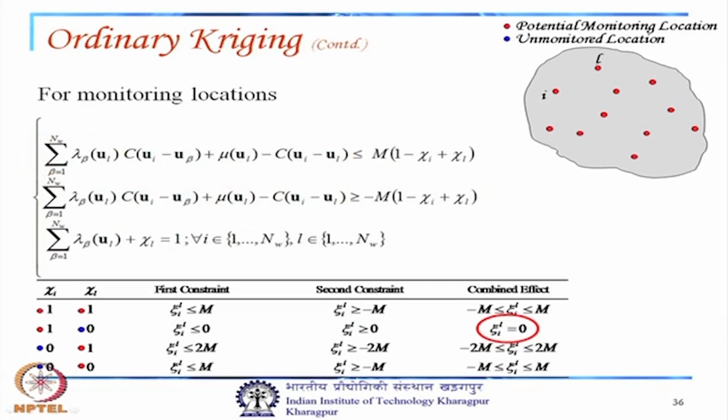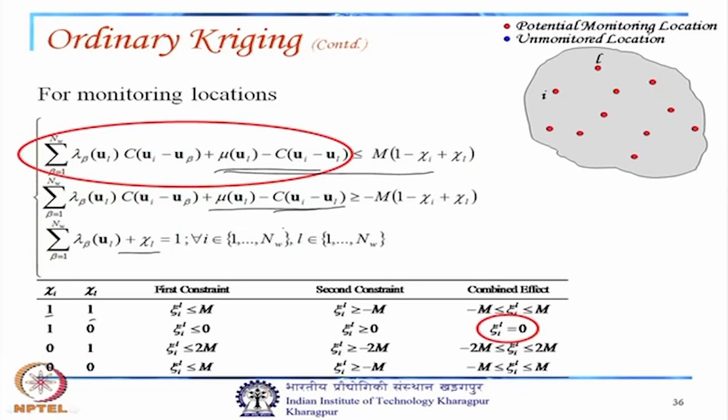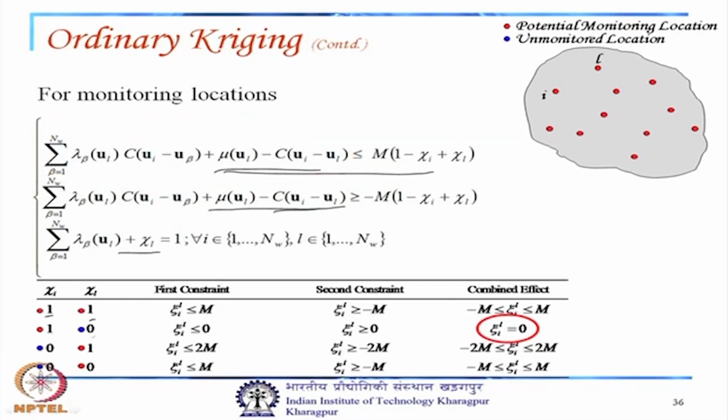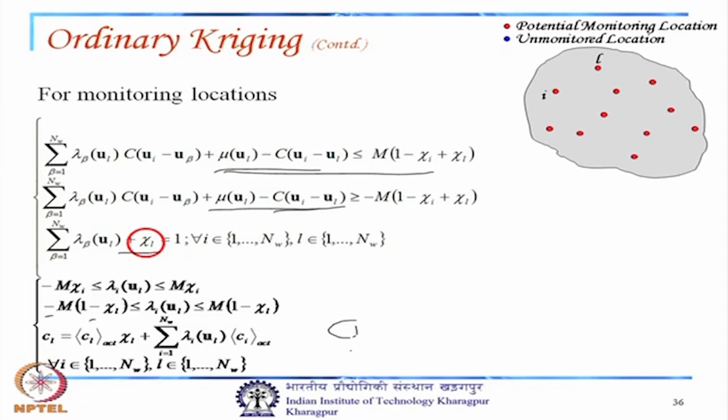Based on whether a location is a potential monitoring location or an unmonitored location, we can use the big M method to write our original kriging equation like this, and we can have situations where chi_i and chi_l are 1 and 1. This represents whether a particular row or column will be used or not, determined by the values of chi_i and chi_l, and this whole left-hand side is represented as this I_L.